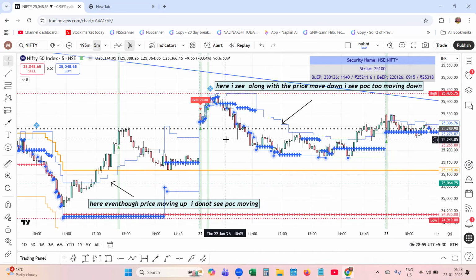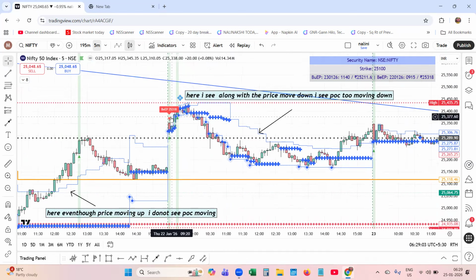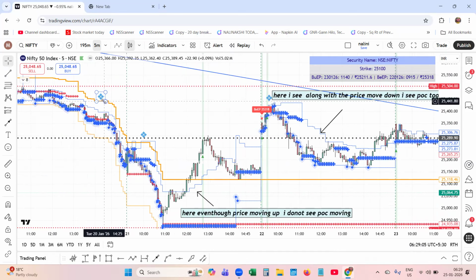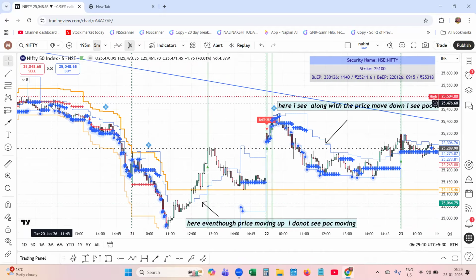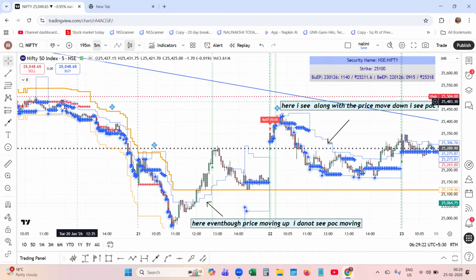I'm showing you here on the 26th, the market gapped up to the next level of resistance. You can see this is where the weekly point of control is. You can see so many lines, red dots over here.